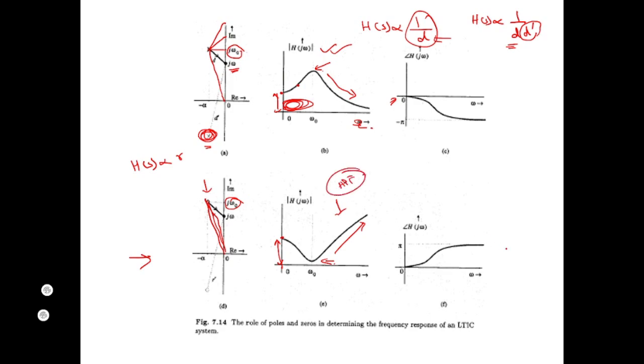And here you have the corresponding phase response. So just by placing a pole and a zero near the frequency axis, you have successfully designed a low pass filter and a high pass filter. It is as easy as that.